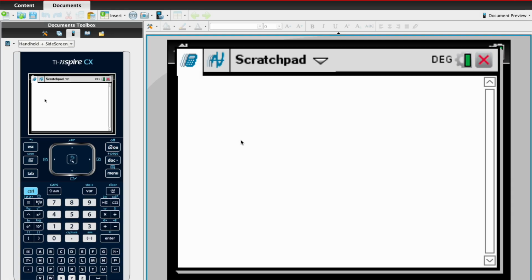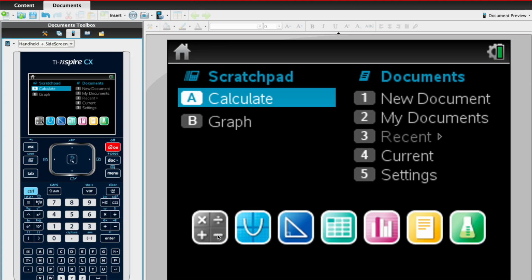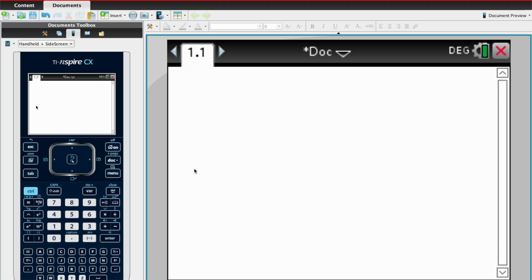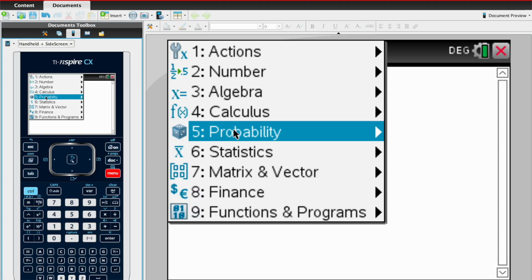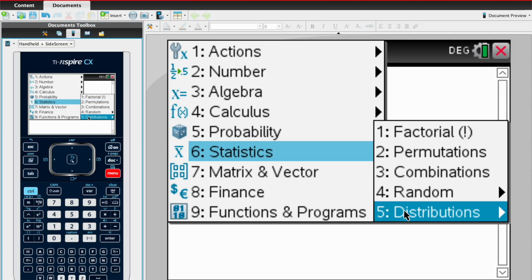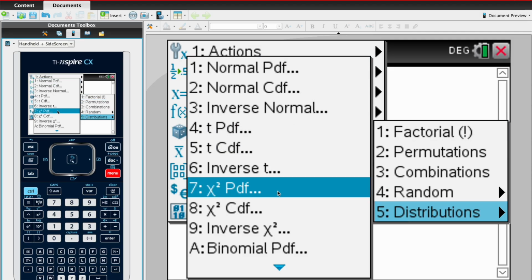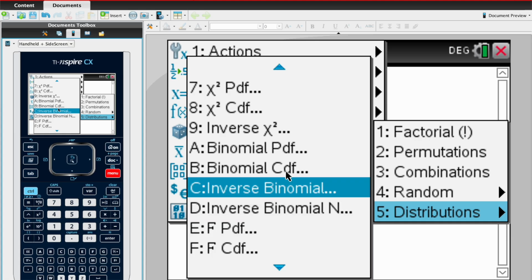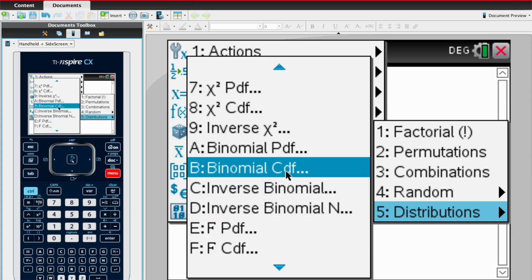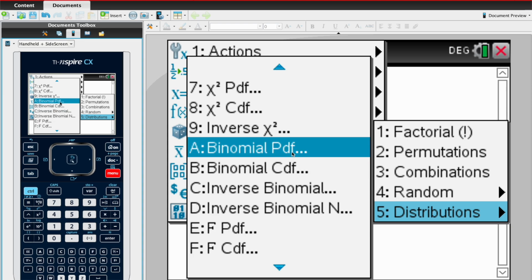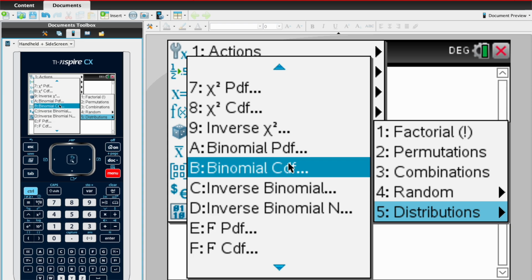So let's go menu. We're in the realm of probability and we're looking at distributions. We have a binomial distribution. In this case, we want exactly 3 of the 5 children to have brown eyes. We can either use PDF or CDF in this case.